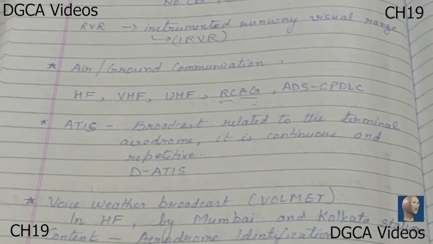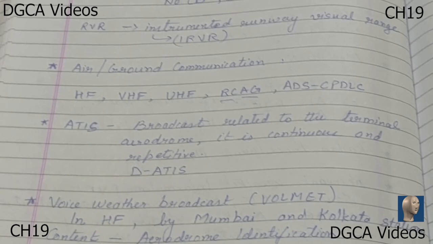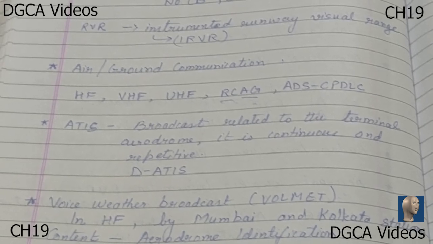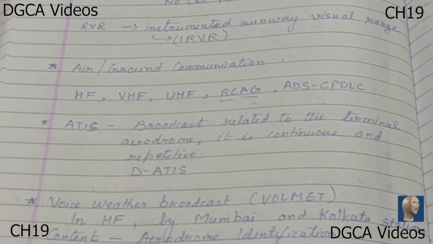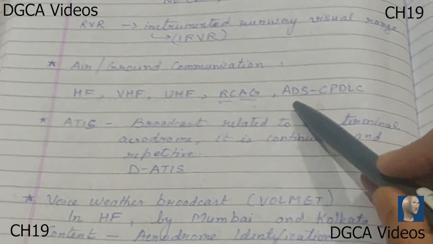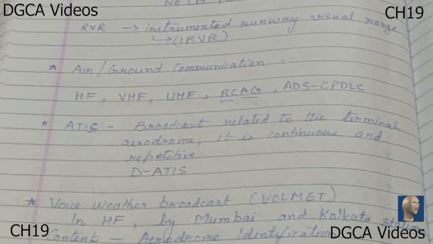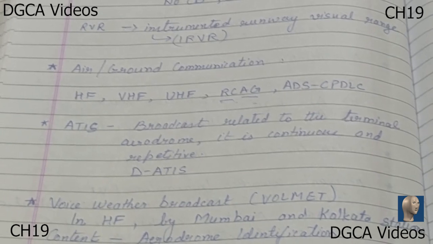And again, there is something called ADS CPDLC. ADS CPDLC is automatic dependent surveillance controller pilot data link communication. We'll be seeing about it later in the chapter. Just know that ADS CPDLC is available only in 4 stations, that is Mumbai, Delhi, Kolkata and Chennai.